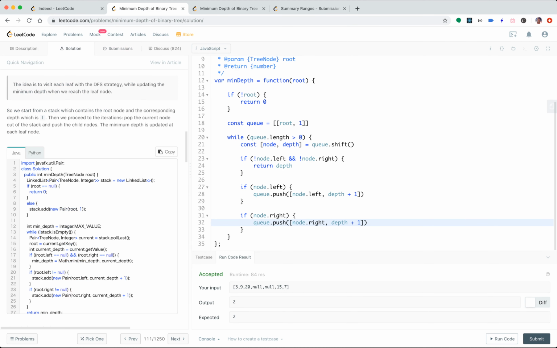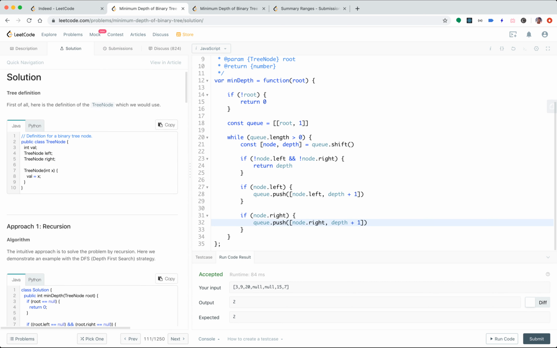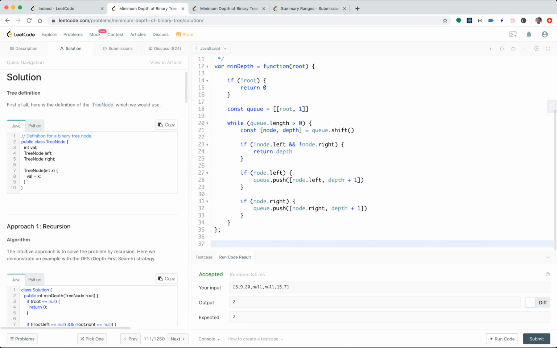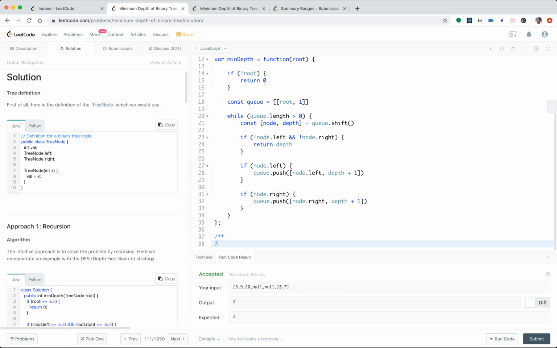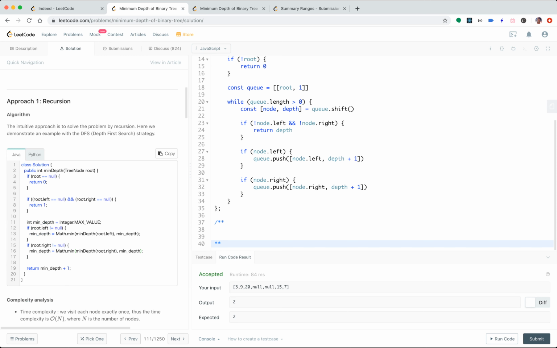Anyway, let's take a look at the time and space complexity of all these methods. The first one is recursion. We actually used recursion as the first approach.